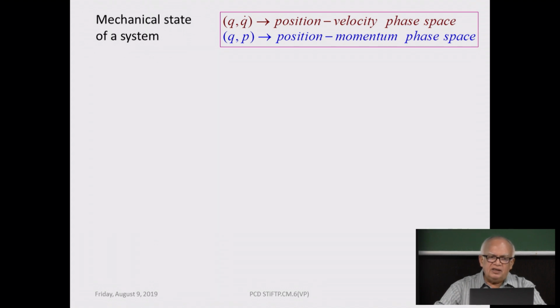We begin with the description of the state of a system, and then we have to determine the law which would describe accurately how the state of the system changes with time. So how do you characterize the state of a mechanical system, and how does it change with time?